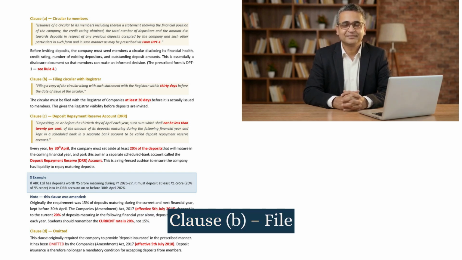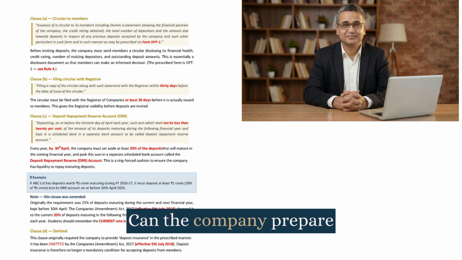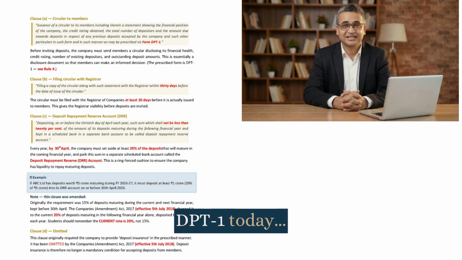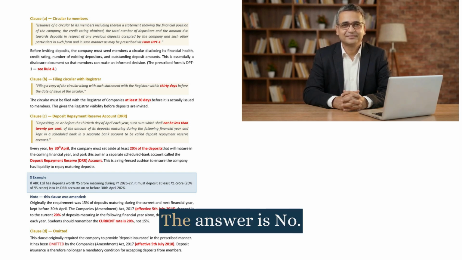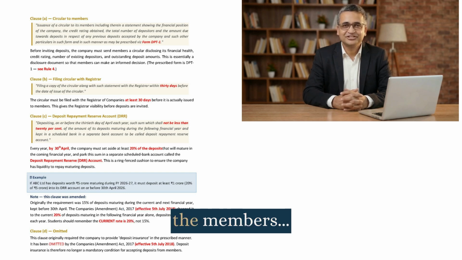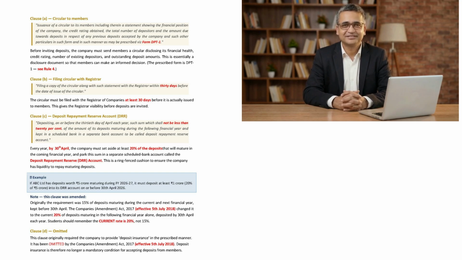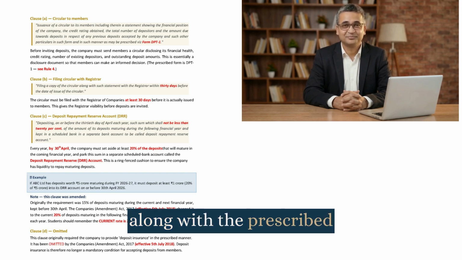Clause B. File with the ROC first. Now here's a question. Can the company prepare DPT-1 today and immediately send it to its members tomorrow? The answer is no. Before the circular reaches the members, it must first reach the Registrar of Companies. Clause B requires the company to file a copy of the circular along with the prescribed statement with the ROC.